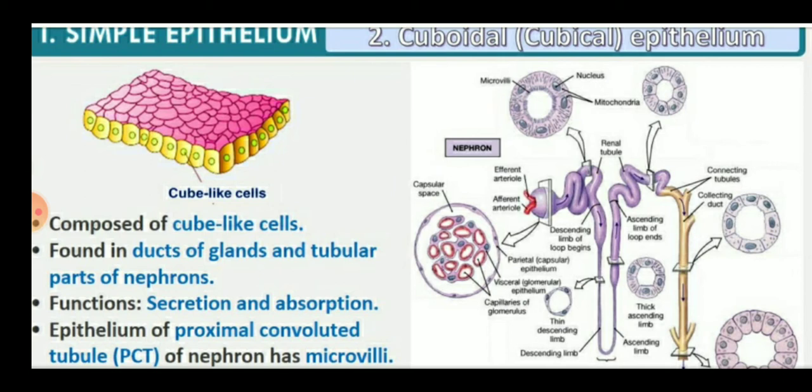So children, the main function of the cuboidal simple epithelium tissue is secretion and absorption. The epithelium of the proximal convoluted tubules, also called the PCT of the nephrons, has small microvilli. You can see the microvilli in this picture, in the PCT and the DCT also.